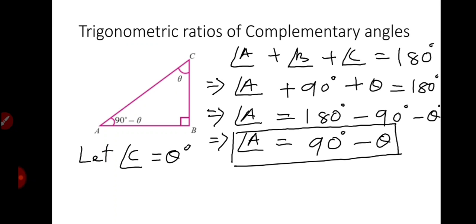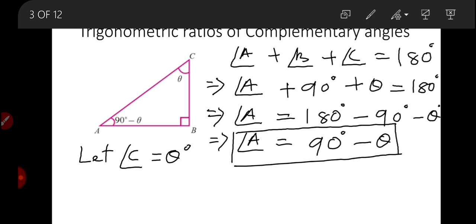So, trigonometric ratios of complementary angles. Here, by the angle sum property, angle A plus angle B plus angle C is equal to 180 degrees. Let angle C equal theta degrees. Then angle A plus 90 degrees plus theta is equal to 180 degrees. So, angle A equals 180 degrees minus 90 degrees minus theta, that is equal to 90 degrees minus theta.